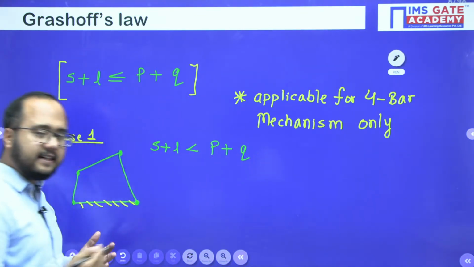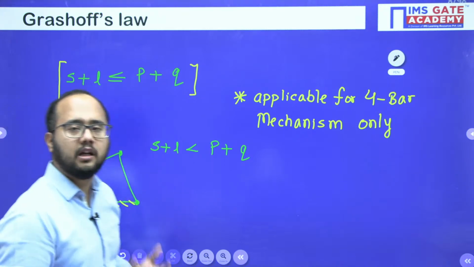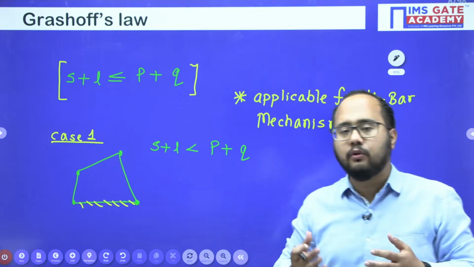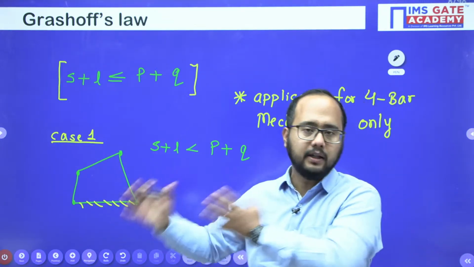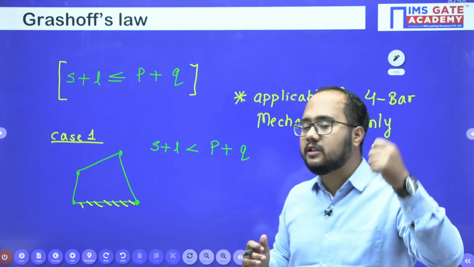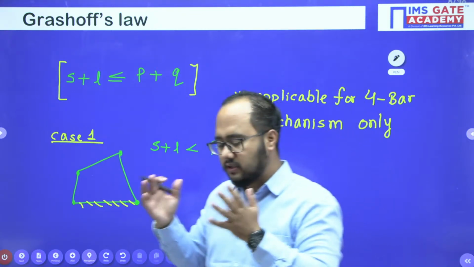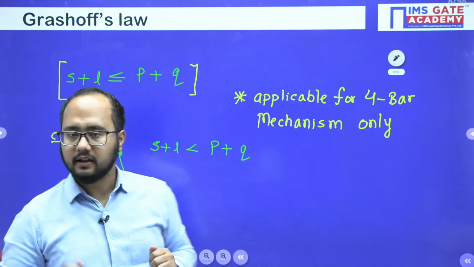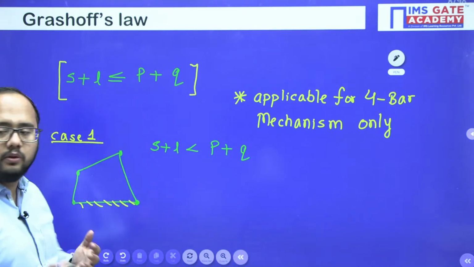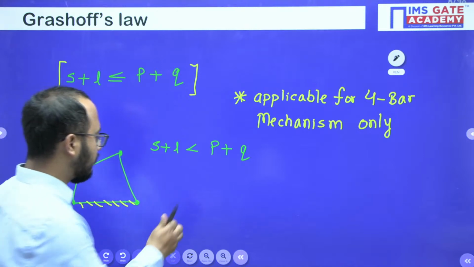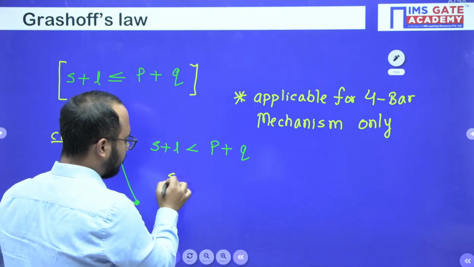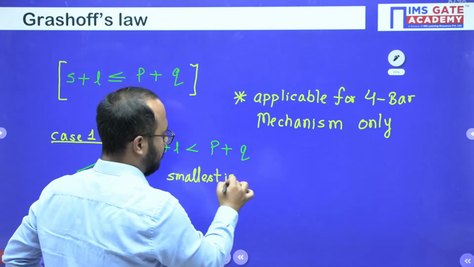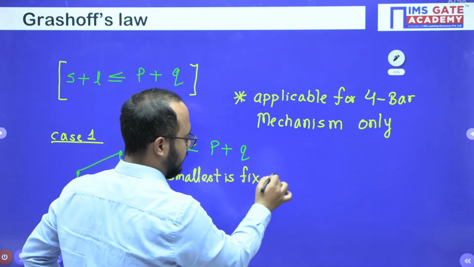In this case you need to identify which particular link is fixed. Based on that only we will define what type of mechanism it will be. So first of all, if the smallest link is fixed, what kind of mechanism will you get? Tell me fast. I'm writing here: smallest is fixed. This is the first case.